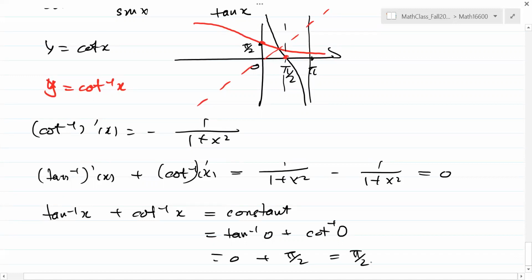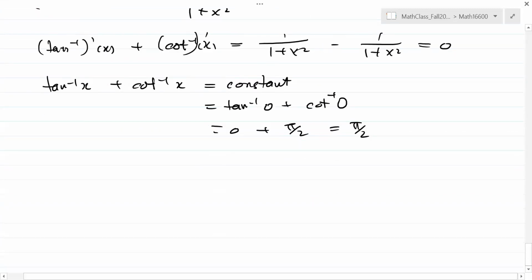So that constant is pi over 2. So arctangent x and arccotangent x are essentially the same function. That's the reason we just need to understand arctangent x and arcsine x. Remember, they are not brand new functions, arccosine x.